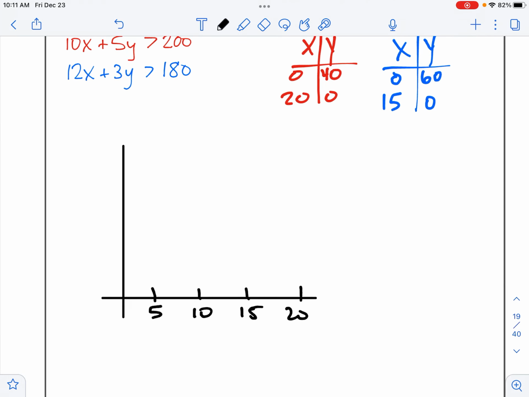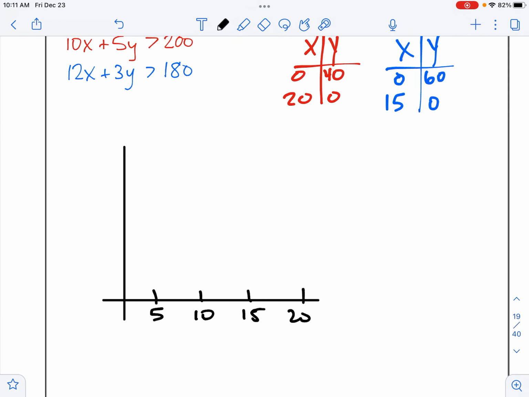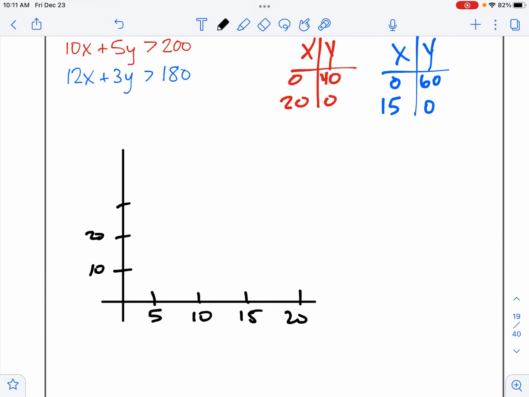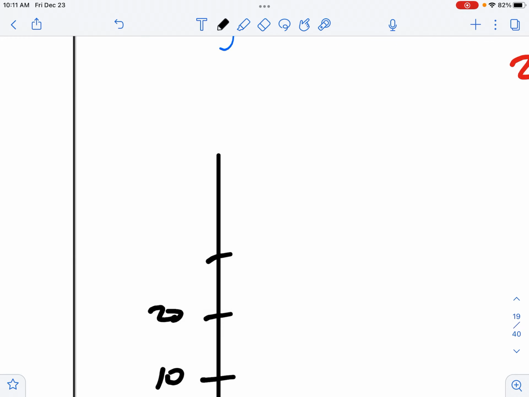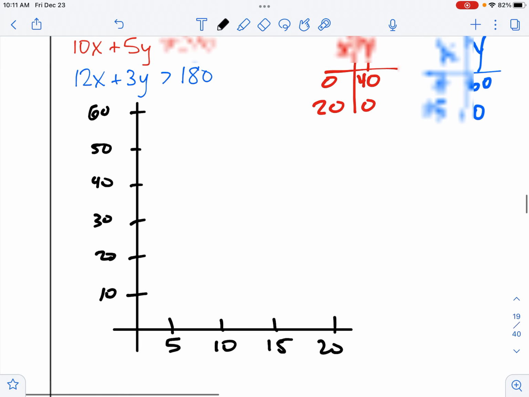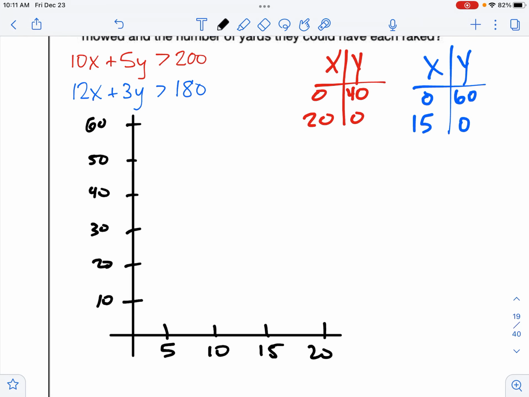And I could probably even count by 10s over here because I'm not plotting anything else on y. So that would be 10, 20, 30, 40, 50, and 60.